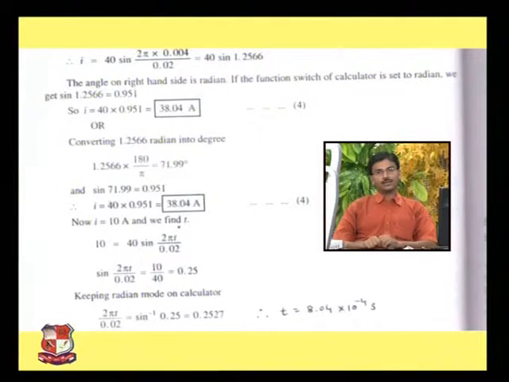Or converting the radian mode into degree mode, we have to multiply the angle 1.2566 by 180 upon pi, so we get 71.99 degree. Put this value into the equation.